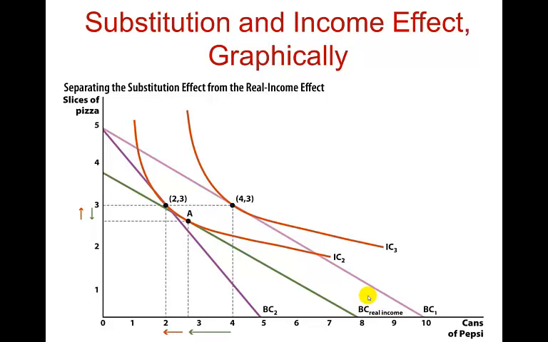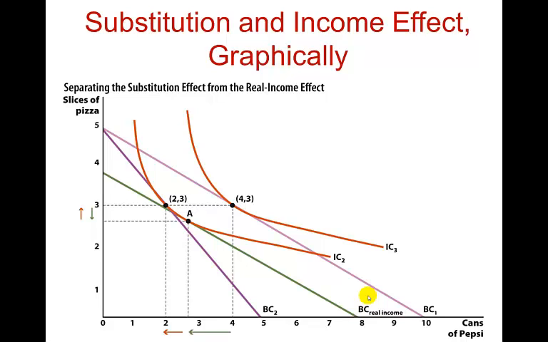Okay, so this graph lays everything out for the substitution and the income effects. Let's take this step by step. We're starting at our old optimum point, on budget constraint 1, which is shaded in light purple.